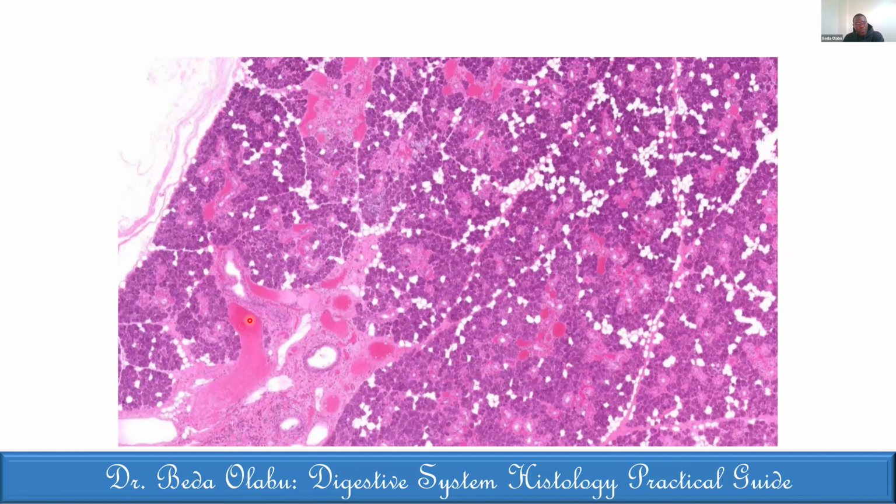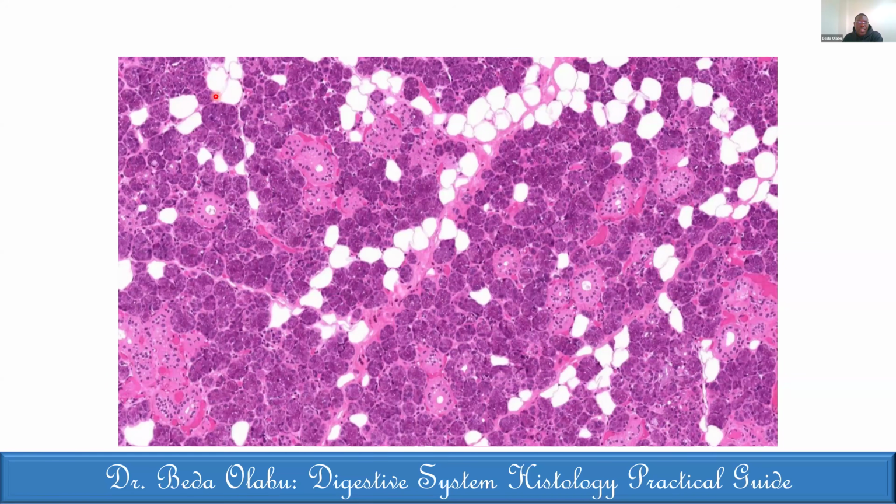And then this is now the parenchyma. A higher magnification of the parenchyma displays some scattered adipocytes, as we mentioned. But we also note that the parenchyma is predominantly serous. So if you remove the adipocytes, everything else that remains in front of you is actually predominantly serous.